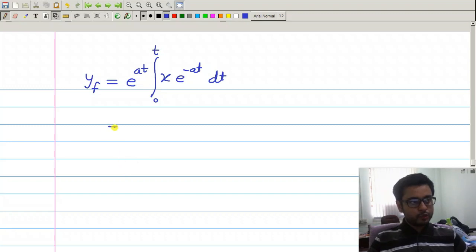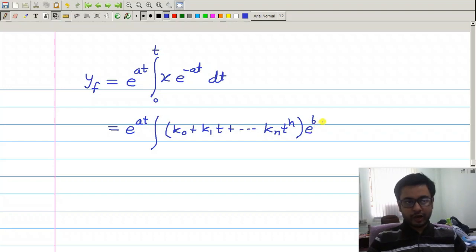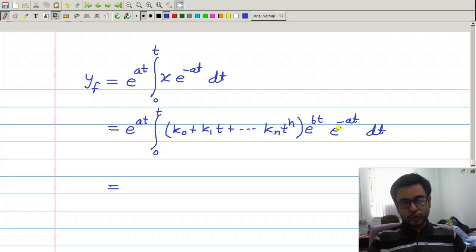Now let me put the expression for x, which is this polynomial multiplied by e to the power bt, then this e to the power minus at dt. Then here let me club these two exponential terms together and write it as b minus a.